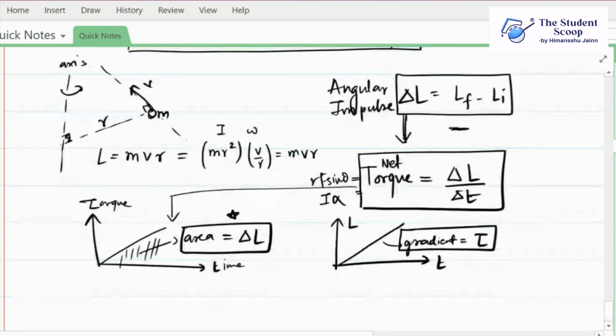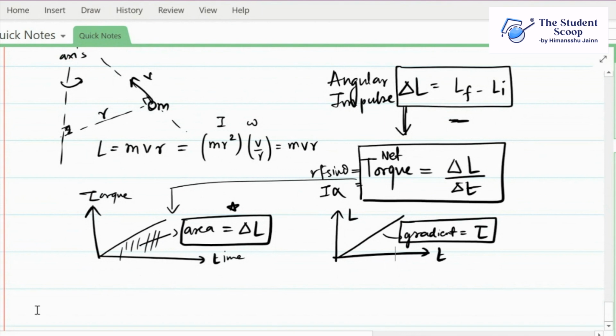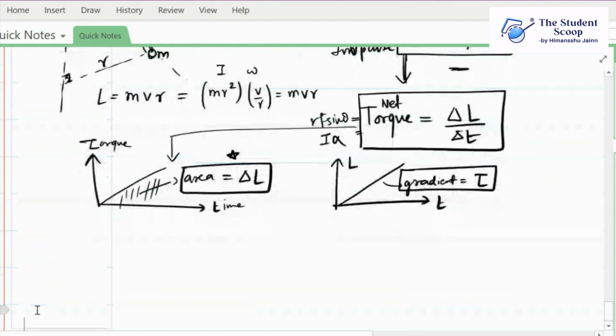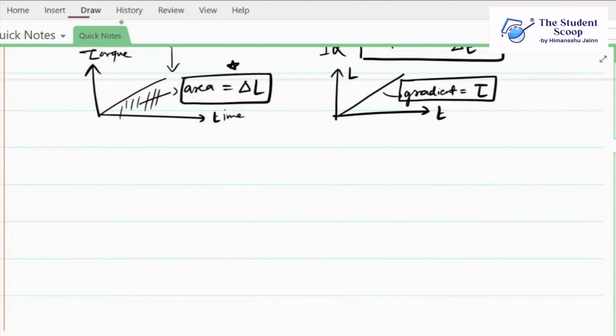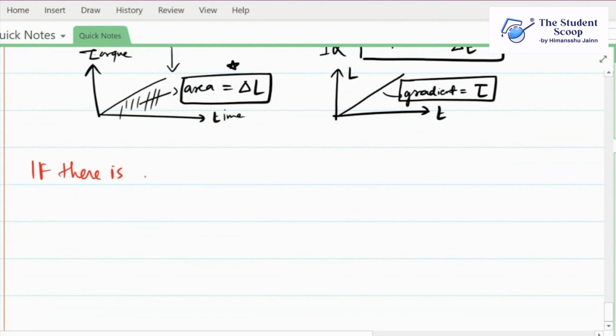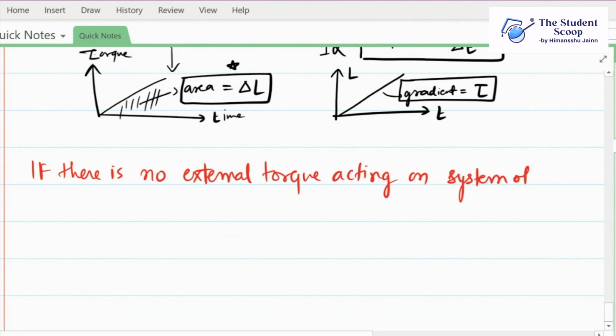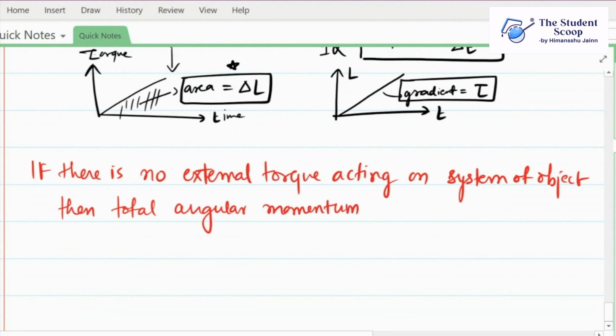And one final thing: if there is no external torque acting on the system of objects, then the total angular momentum, not the angular momentum of a single object but the total angular momentum of the system, remains constant.